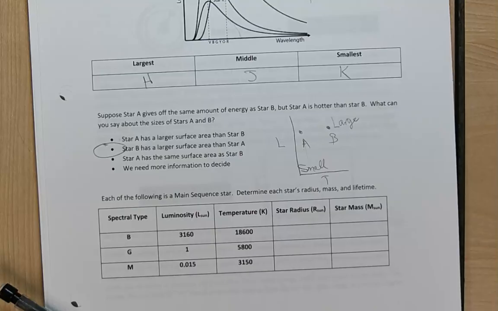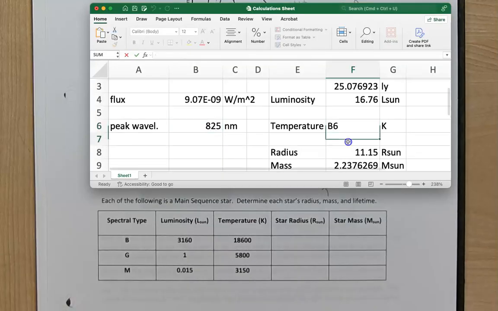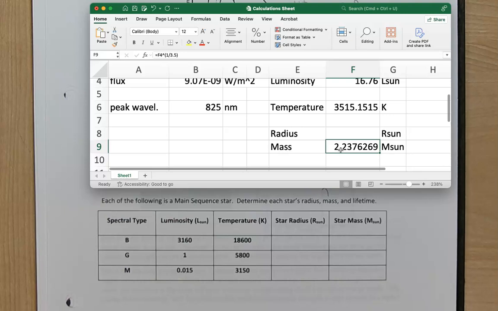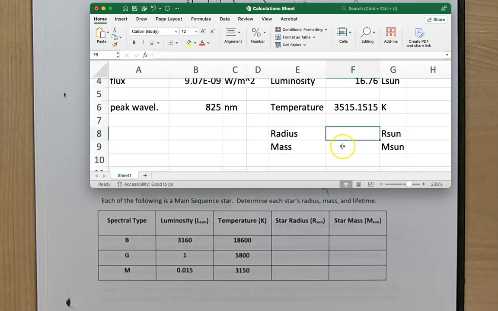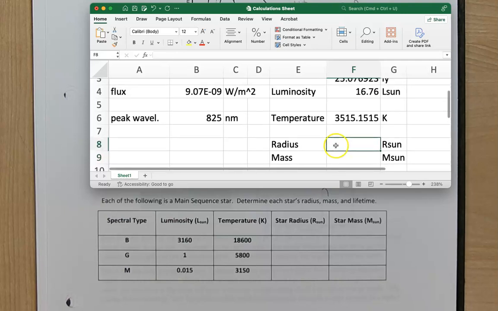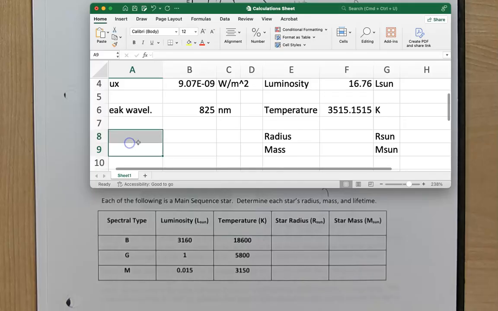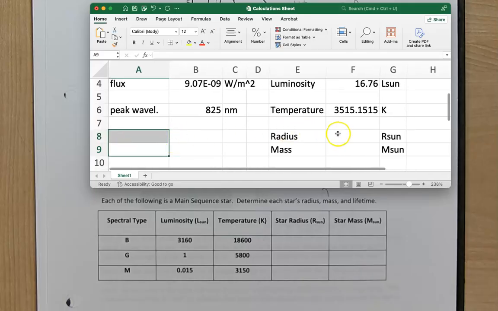Let me pull up my spreadsheet here. Okay, and here it is. I already have the radius and the mass here. I already have the formulas in, so I had this left over before. Let's clean this up and start fresh for you.